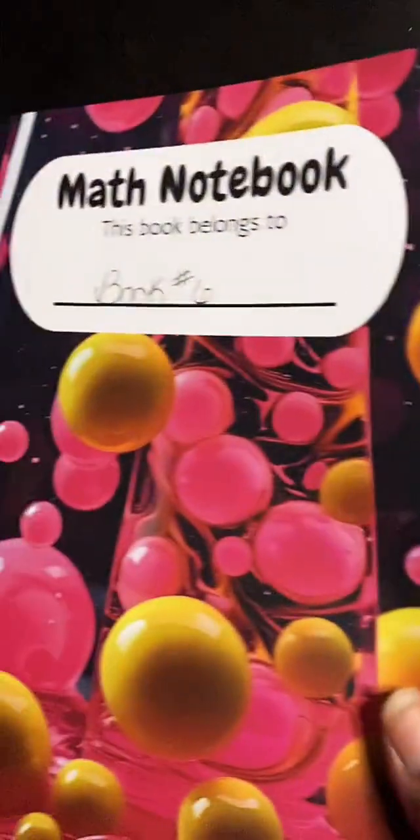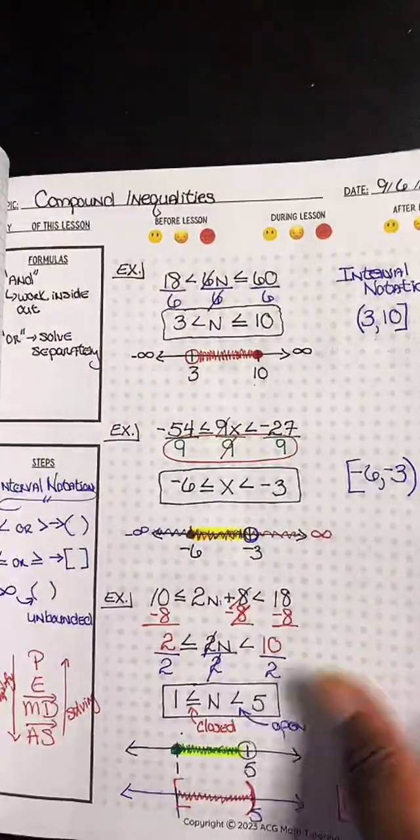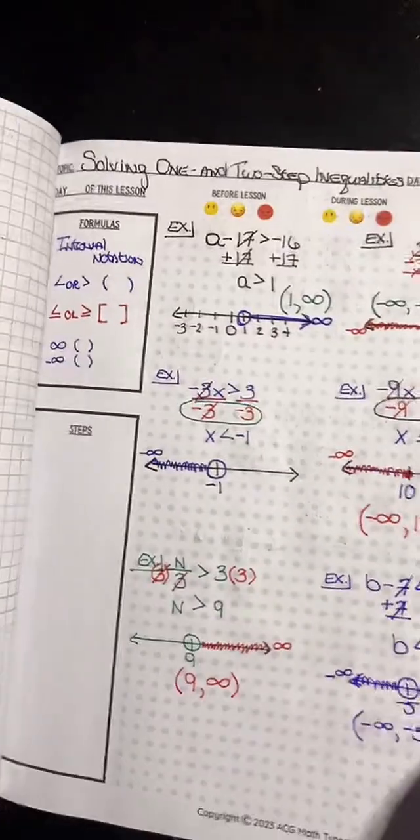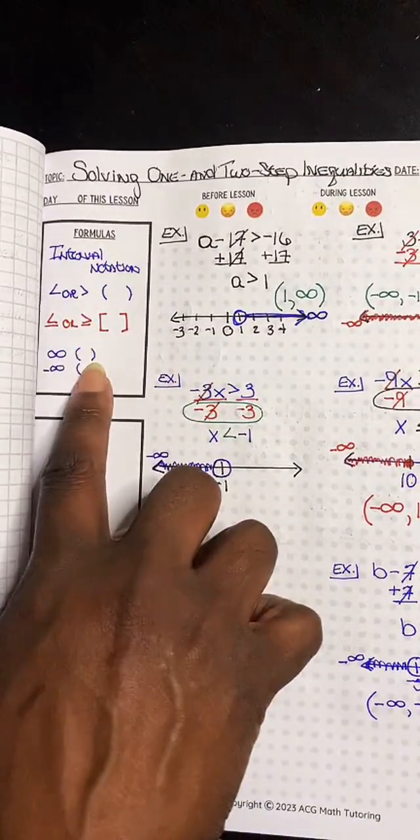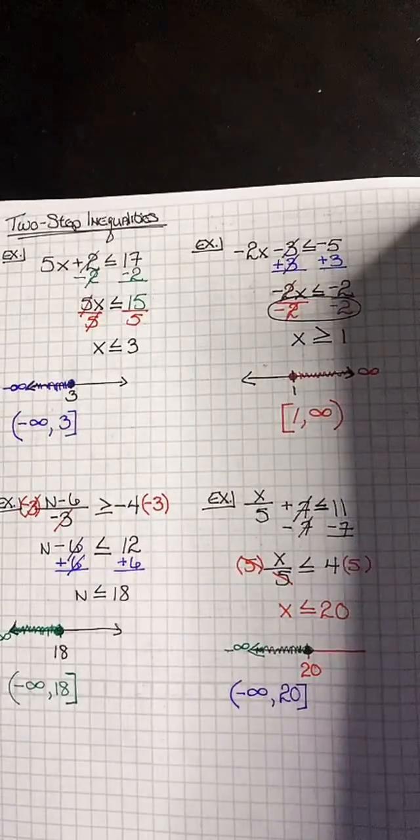Now, I normally do my stuff in a notebook, as soon as I can get it from under these piles of papers. Normally I'll come on here and do some of my notes inside of my notebooks.